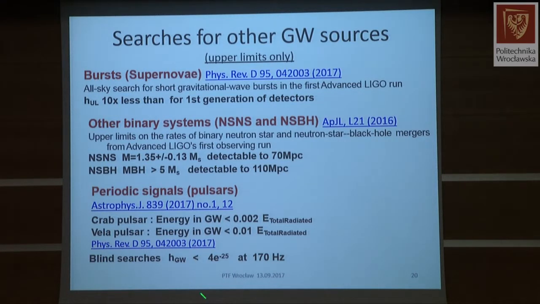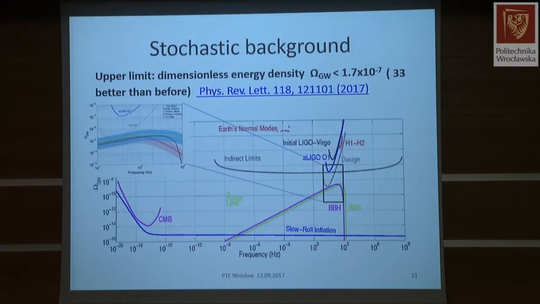In particular, our group participates in these searches, so we have computer codes that search for certain known pulsars, and here we imposed quite tight bounds on the energy emitted from the Crab pulsar. Then we also do all-sky searches for unknown pulsars in the whole of the galaxy. So far we have upper limits, no detections, at least no detections in the first observational run.